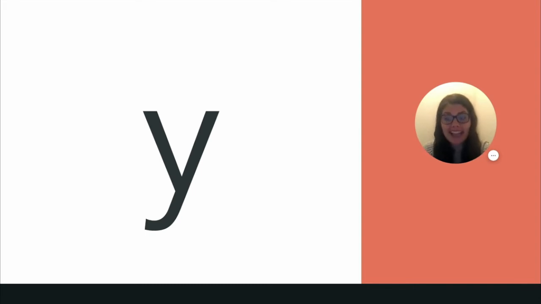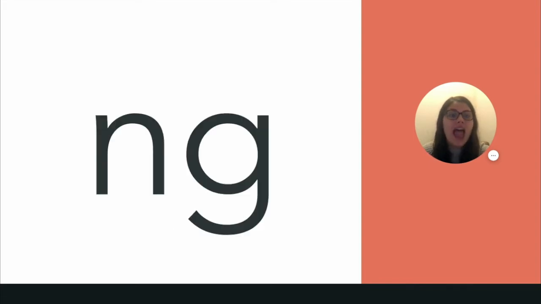That's right. This is the letter Y, and it makes the sound Y. And Keeble Cubs, last but not least, tell me, what is this digraph? That's right, friends. These are the letters N and G, and together they make the sound ng. Good job, Keeble Cubs, reviewing our sounds and digraphs and their letter names.